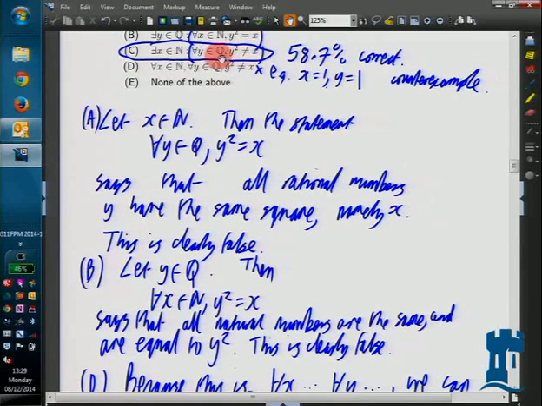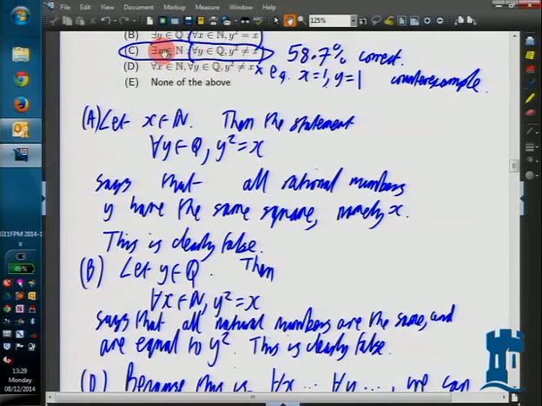Because if the square root of x was rational, then there would be a rational number whose square was equal to x. And if the square root of x is irrational, then there isn't a rational number y so that y squared is equal to x. So this inner statement here says that the square root of x is irrational. So the question is, does there exist an x in the natural numbers so that the square root of x is irrational? And the answer is yes.